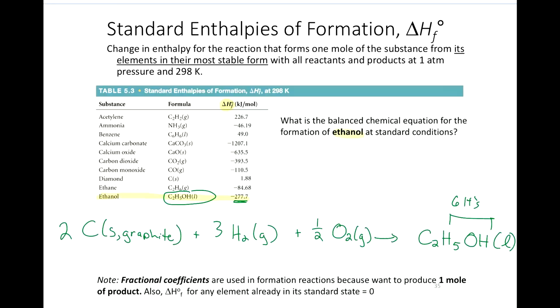So if we multiplied by 2, are we still making only 1 mole of stuff? No. So we actually want to keep that fraction. That fraction is okay for formation reactions, because we're deliberately trying to make 1 mole of that product, all right?